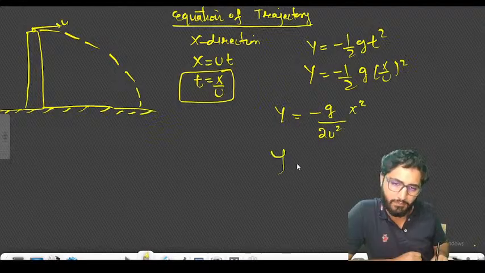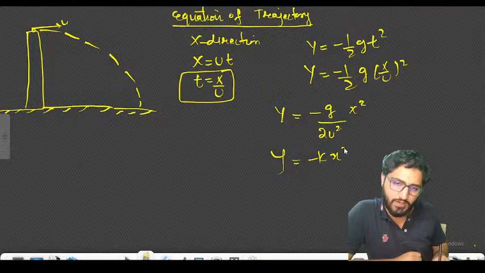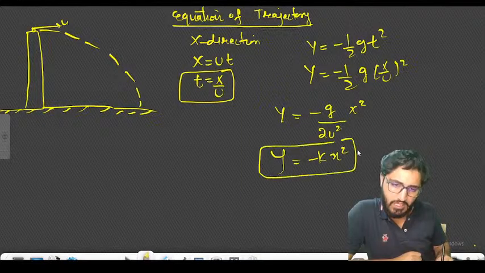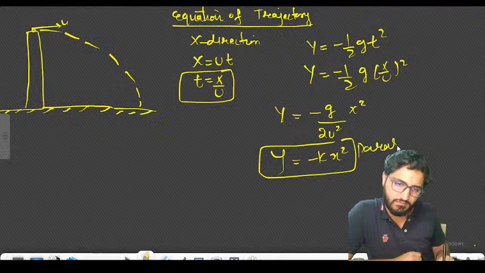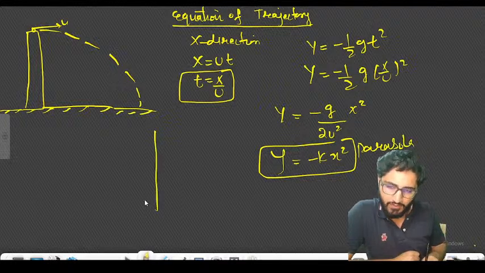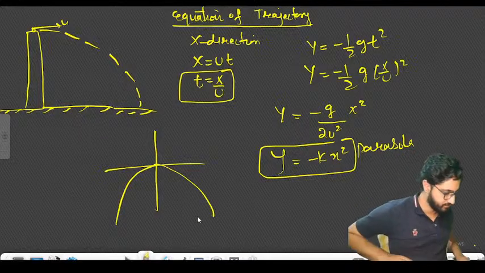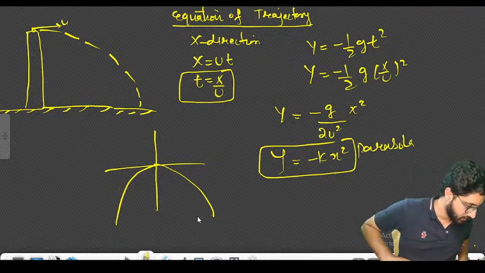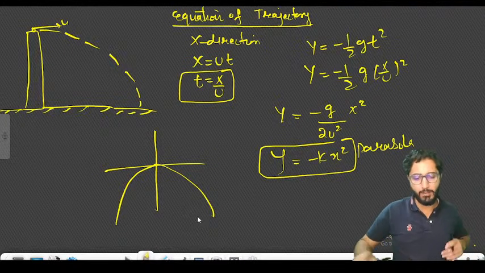Why? Because I will compare it with minus kx squared, the equation of a parabola, but negative. So it is like this. Equation of parabola.